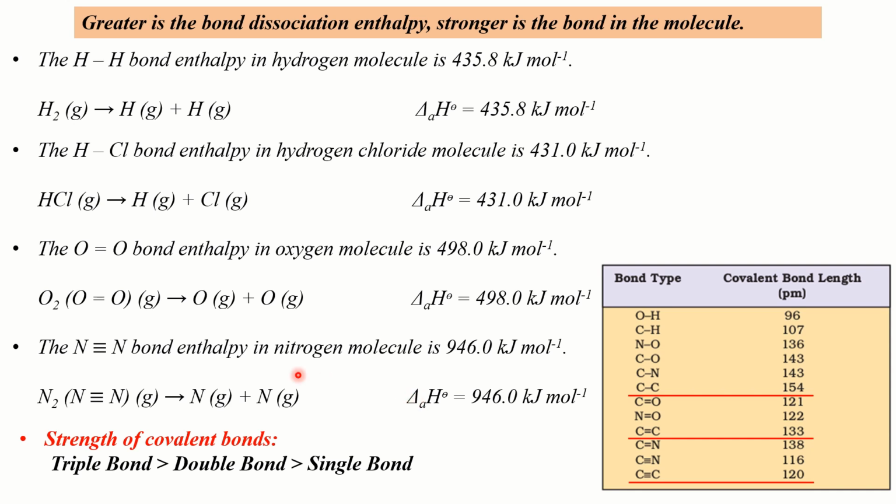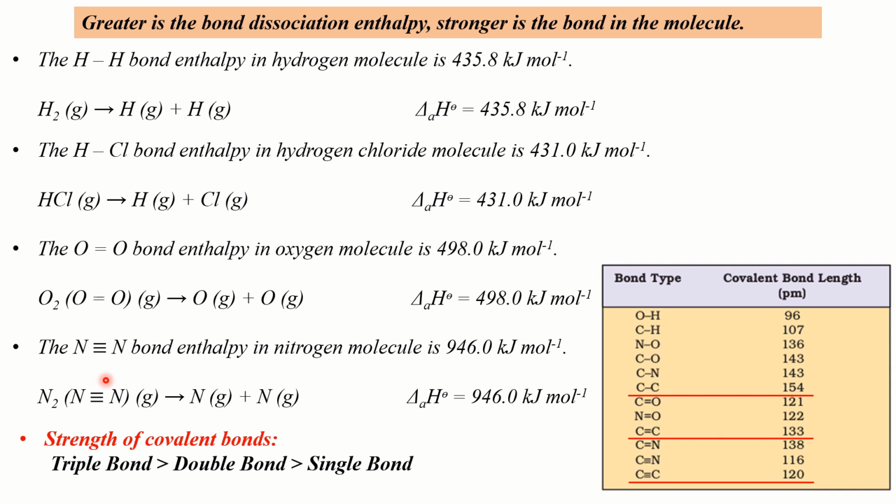Now, for a heterodiatomic molecule like hydrogen chloride, 431 kilojoules of energy is required to break the single bond between the hydrogen and chlorine atoms in 1 mole of hydrogen chloride molecules. Now look at the bond dissociation enthalpy values of oxygen and nitrogen molecules, which contain double and triple bonds.